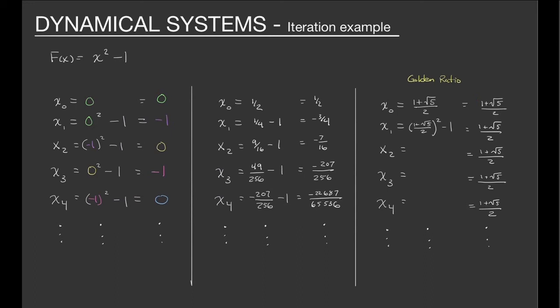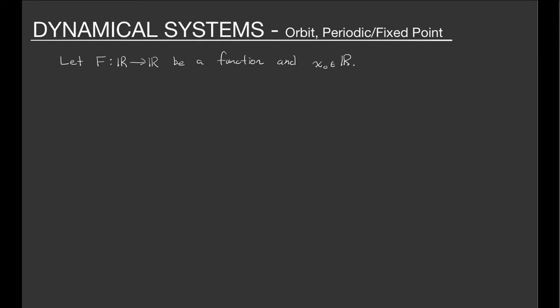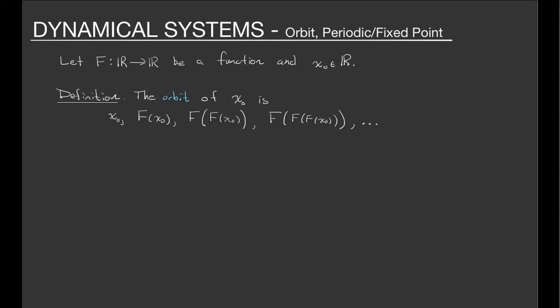There's no change. Now let's talk about some definitions that we've alluded to or mentioned briefly, and look at them with some formality. First, let's assume we have a function capital F that goes from R to R, and suppose we have a starting value of x naught. We call the orbit of x naught simply the series of iterates that we came up with: x naught, x sub 1, x sub 2, x sub 3, and so on. We just computed the orbits of 3 different values under the function x squared minus 1.